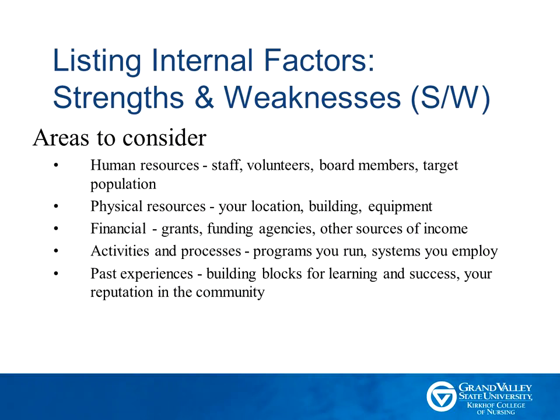So when you're listing the internal factors, the strengths and weaknesses, areas to consider include human resources, staff, volunteers, board members, target population, and also physical resources, your location, building, and equipment, and financial resources, grants, funding agencies, and other sources of income, as well as activities and processes, programs and systems, and also very helpful when doing the strengths and weaknesses are past experiences, because they're building blocks for learning and success and building someone's or organization's reputation in the community.